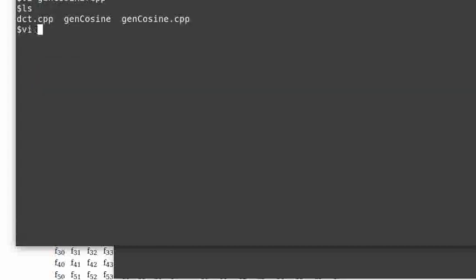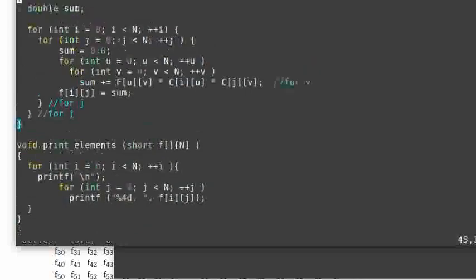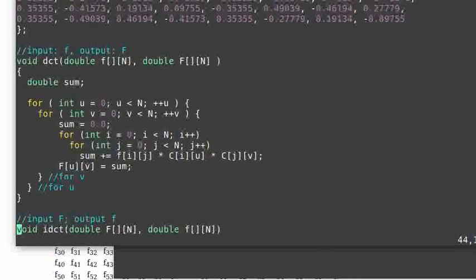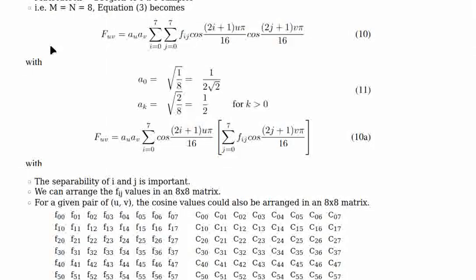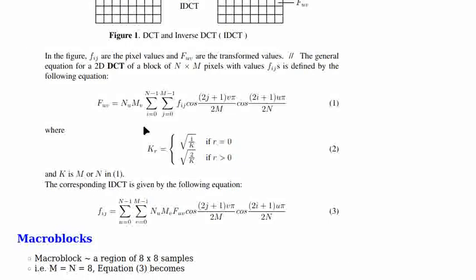So it is called DCT. This is the function DCT, and we have a double loop for U and for V, to calculate all the values of the DCT region in the frequency domain, FUV.